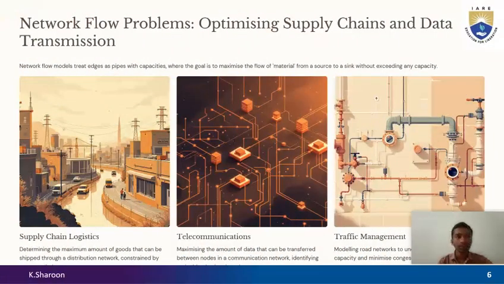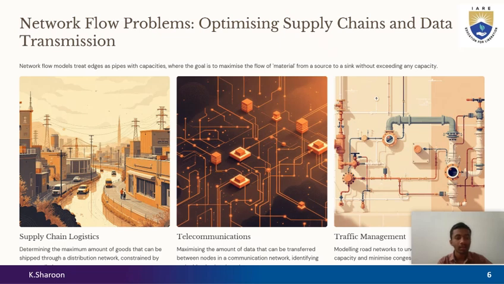And network flow problems, optimizing supply chains and data transmission. Network flow models treat edges as pipes with capacities, where the goal is to maximize the flow of material from a source to a sink without exceeding any capacity.